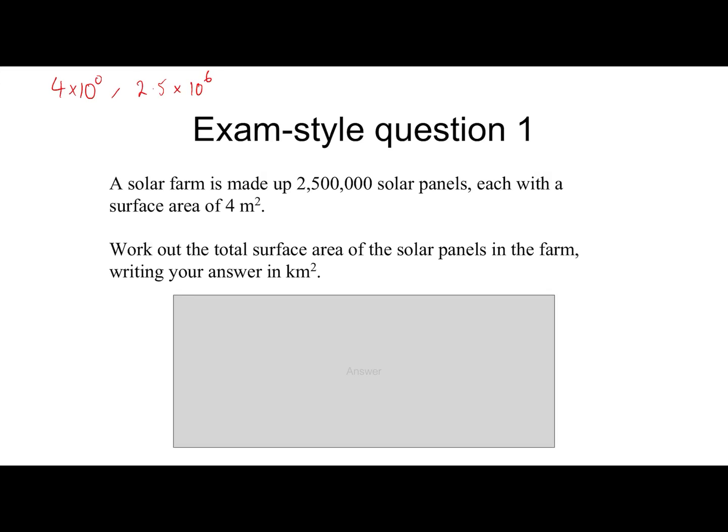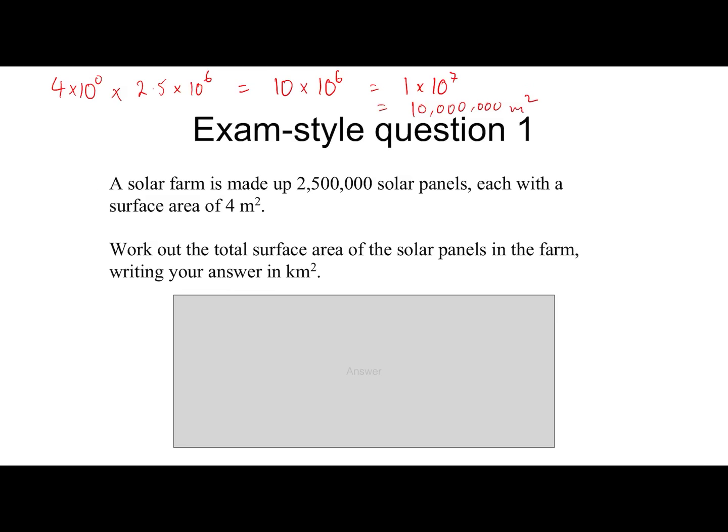And if we've got 2.5 million of these, each taking 4, what we're being asked to do is multiply them together. So you're going to end up with 4 times 2.5 is 10 times 10 to the power of 6. It's not standard form. It's 1 times 10 to the power of 7. Now let's put that back. That's 10 million. Okay, 10 million meters squared.